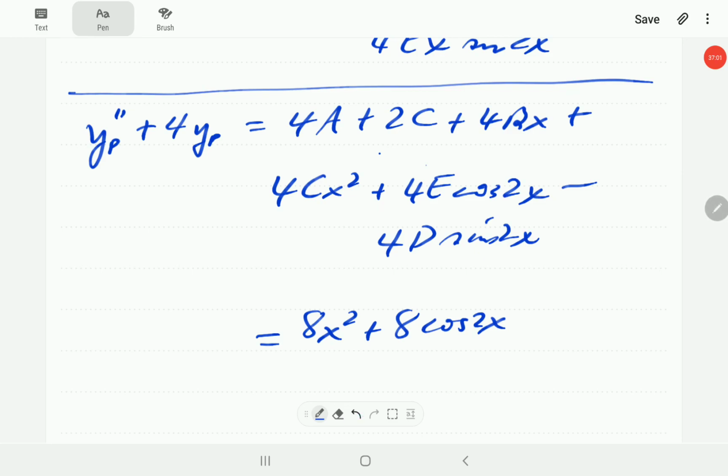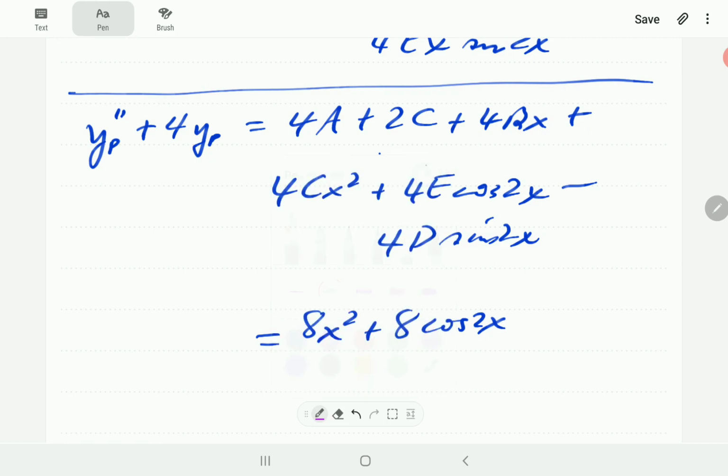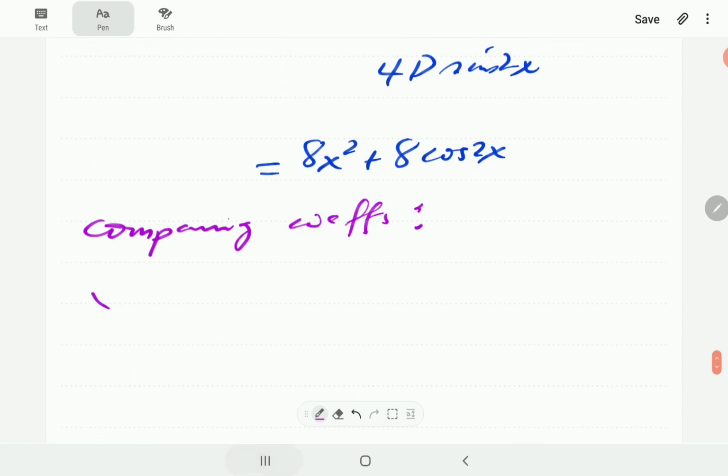Alright, and then the constants we can now determine by comparing the coefficients on the two sides. Let's start with the x squared terms.